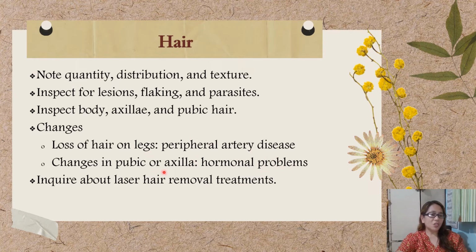And if there are changes in the pubic hair or axillae, this can be a hormonal problem, okay? But make sure to inquire about laser hair removal treatments. Baka mamaya ma-misdiagnose mo. Okay, kasi kaya naman pala walang hair yung kanyang legs or kanyang pubic or axilla dahil nagpa-laser. Alright.